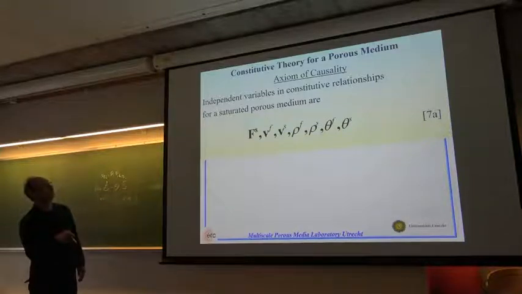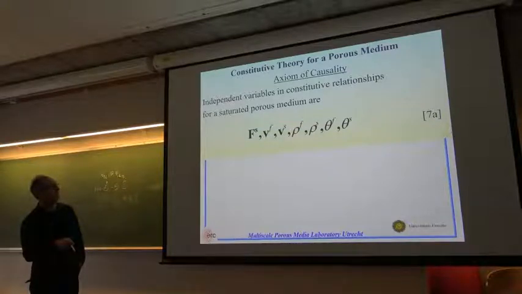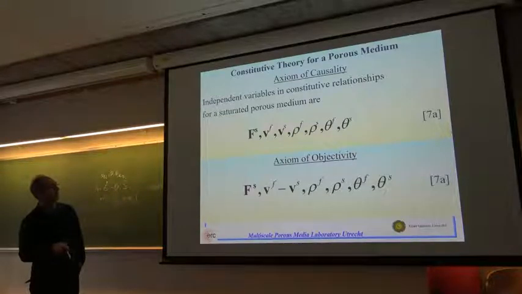Then I go to the constitutive theory. The axiom of causality says that the thermodynamic phenomena are caused by the motion of the solid and the motion of the fluid. We could potentially have the velocity of the solid, the density of the fluid, the density of the solid, and the temperature of each of them as my independent variables.